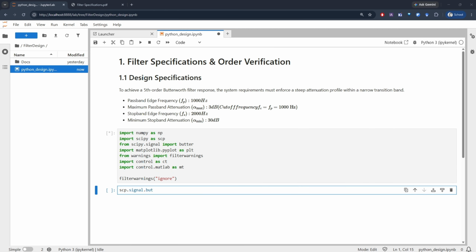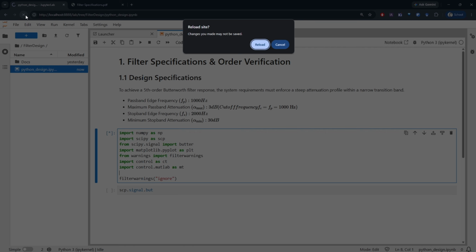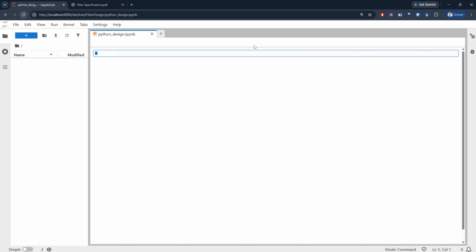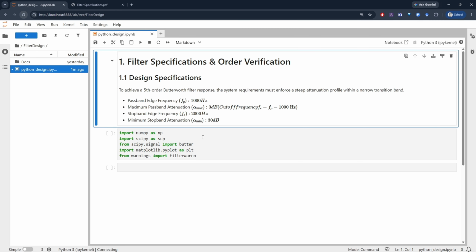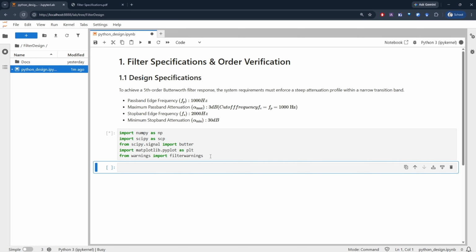Okay, let me refresh it. Let me reload, maybe. Yeah, sometimes it happens. So warnings, I can run that.